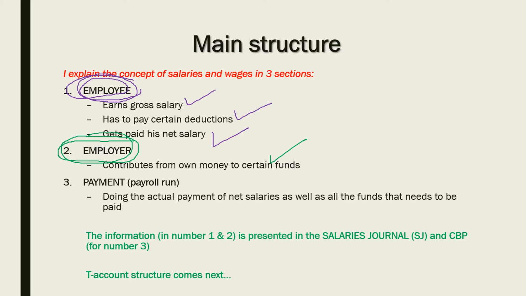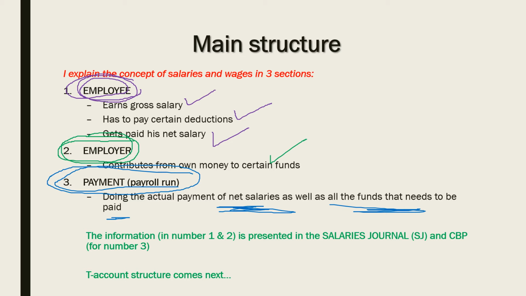That's the SJ. And then the third part of this process is moved over to the cash book payments journal, where you do what we call the payroll run, or doing the actual payments. This is where we actually credit bank and debit everything we have to pay. So first off, our net salaries, which is obviously important for our employees, and everyone that we now owe contributions to.